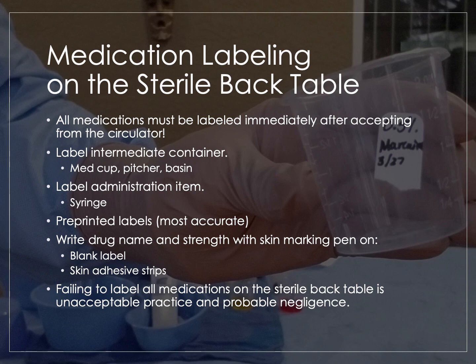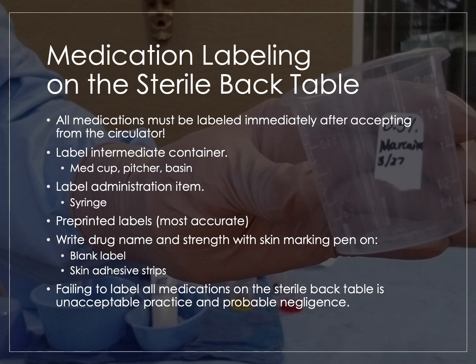The Joint Commission National Patient Safety Goals requires that all medication containers in the sterile field be labeled. All right, they all need to be labeled. If they are not labeled, this constitutes negligence on the part of the surg tech.